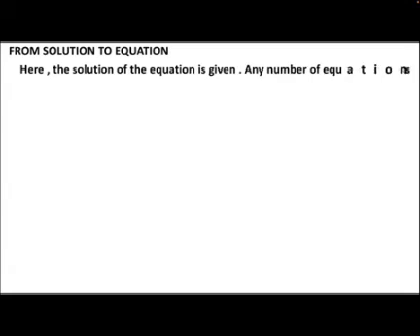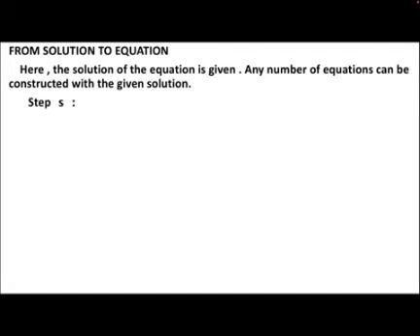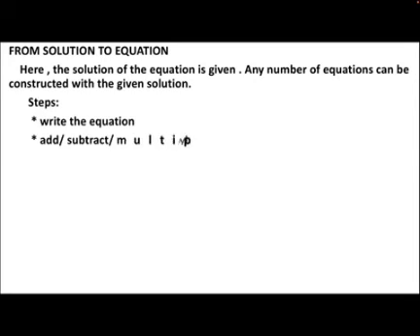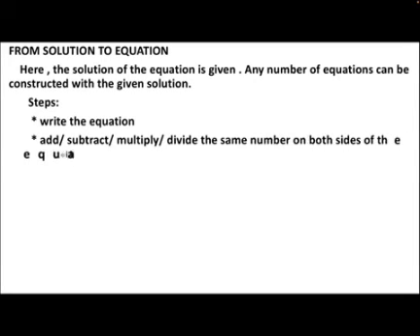So here, the solution of the equation is given. Any number of equations can be constructed with the given solution. Steps: write the equation, then add, subtract, multiply or divide the same number on both sides of the equation.